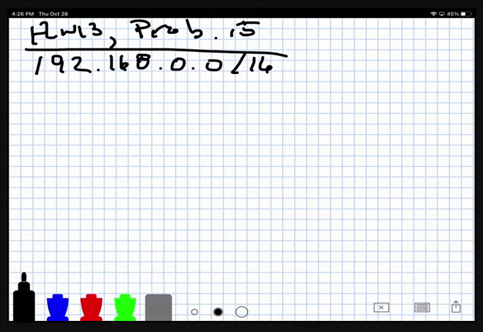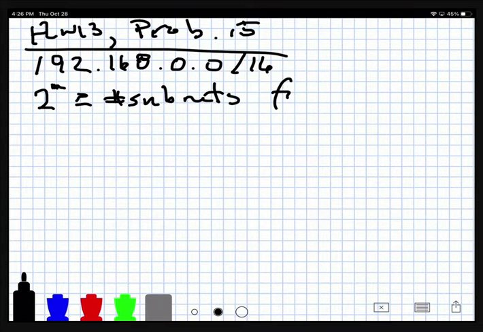So the formula we need to remember for this is we want to solve 2 to the n is greater than or equal to the number of subnets, and we want to do that for the smallest value of n that will make this true.